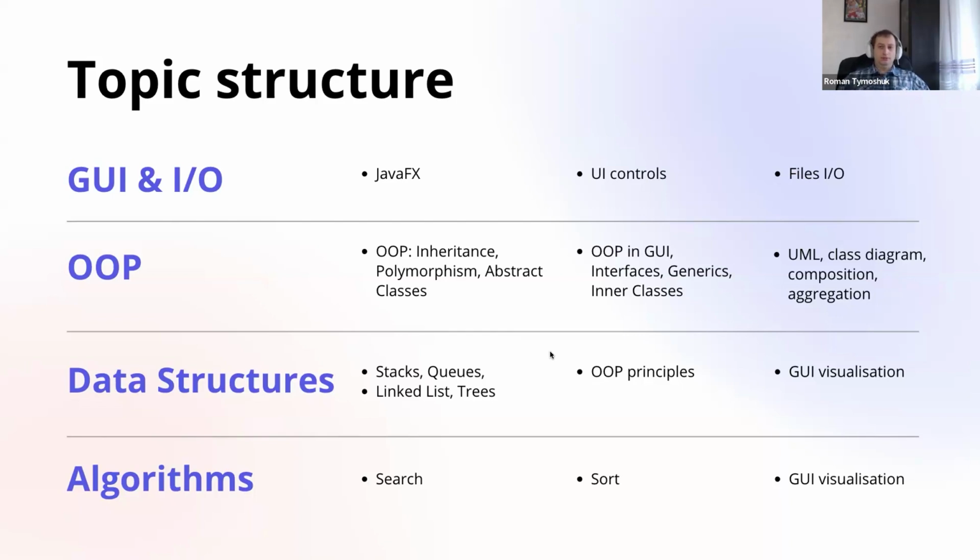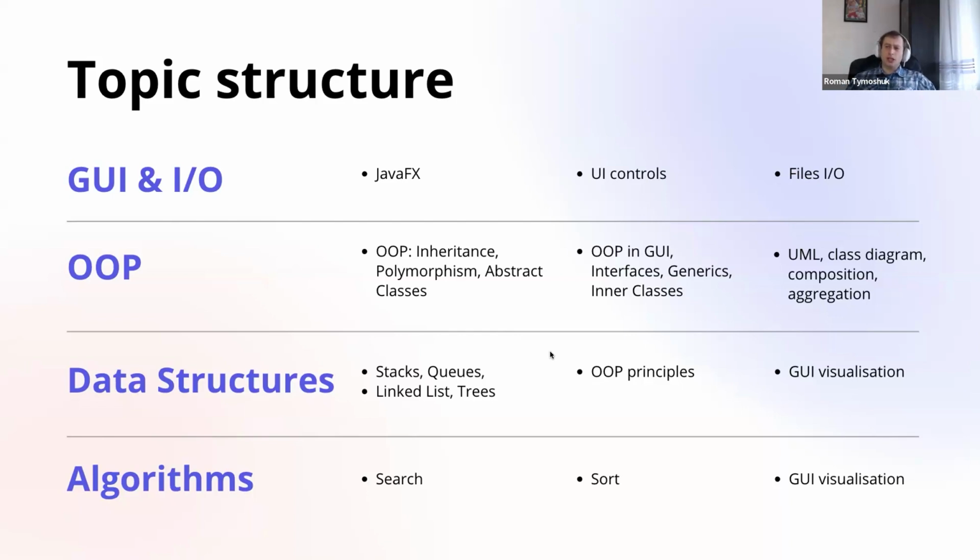Data structures. This topic is quite common and mostly required in each Java interview. So you need to know Java core and data structures like stacks, queues, lists, trees. Also we will probably cover some maps.